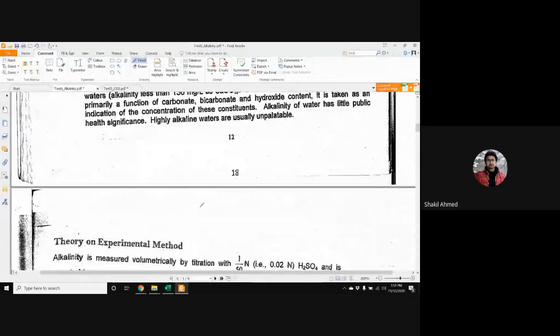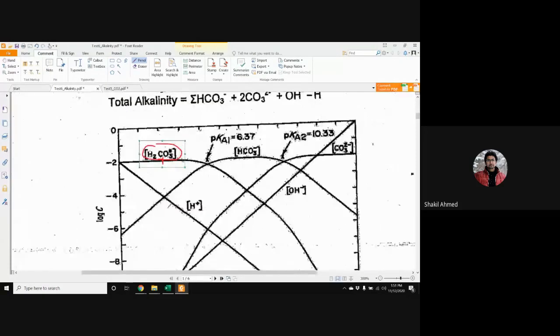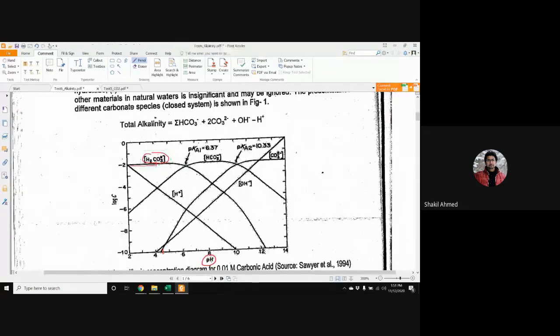When your pH is, you can see from here at this 4.5, this curve is for whom? H2CO3.